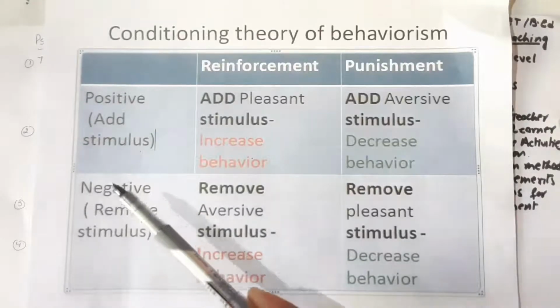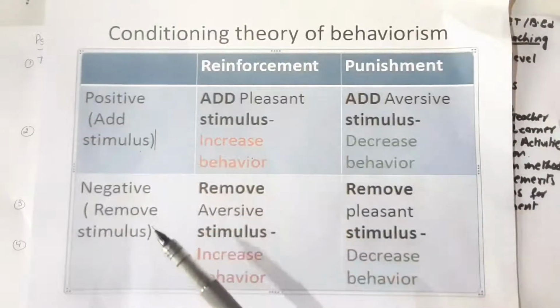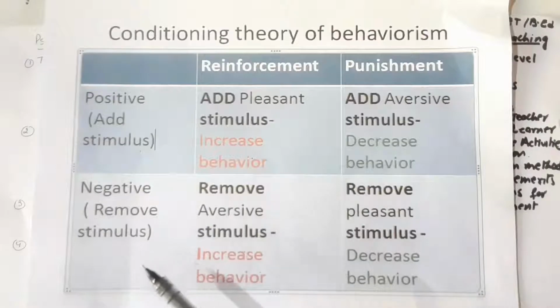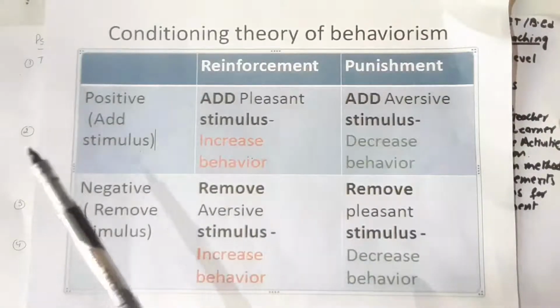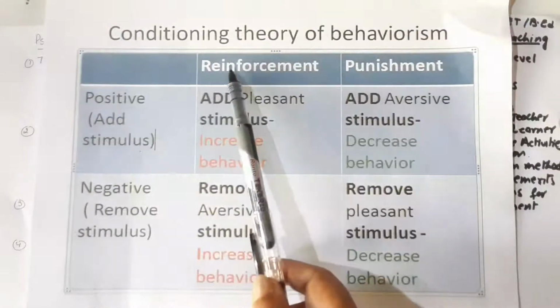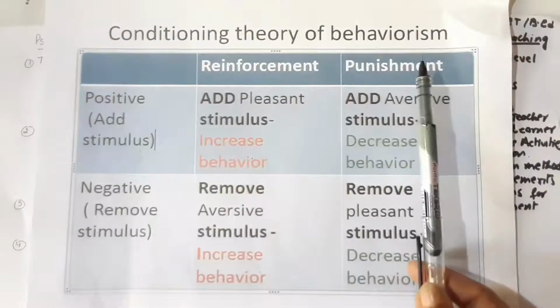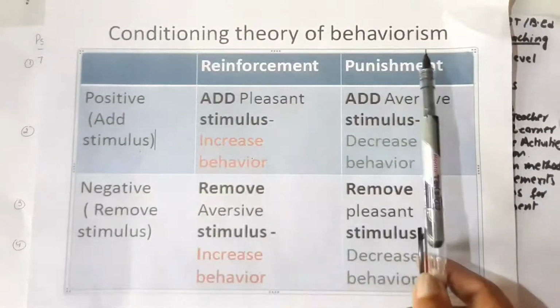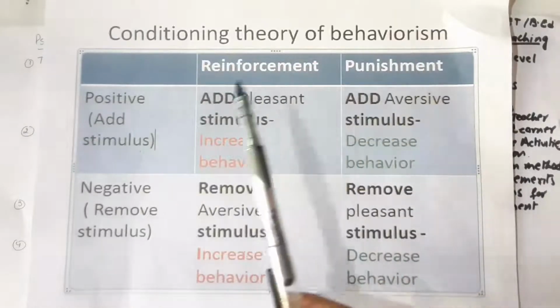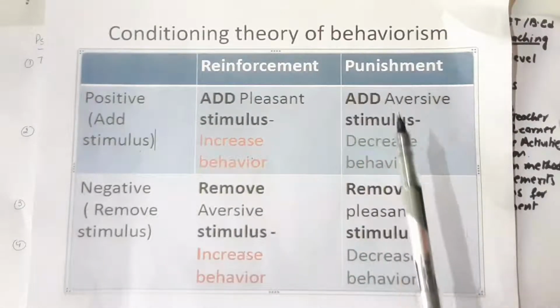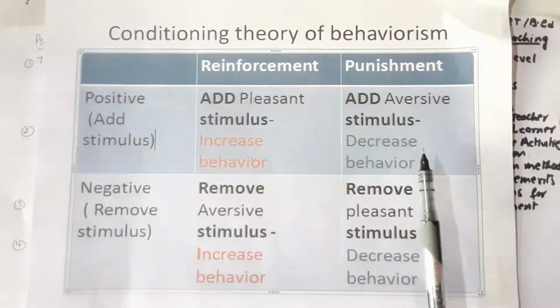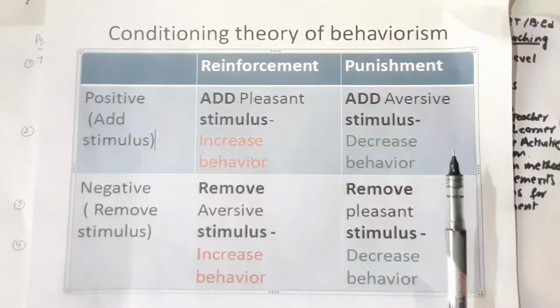So we should understand that here positive doesn't always mean good and negative doesn't always mean bad, because here we will be talking about positive reinforcement and positive punishment. So how can the punishment be positive? When we are giving the punishment to increase the behavior which we want to see.